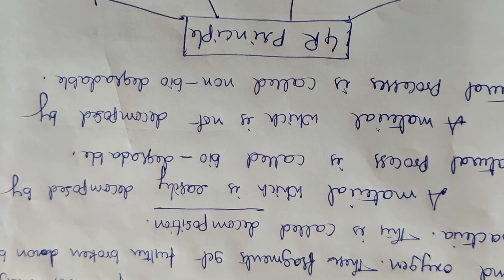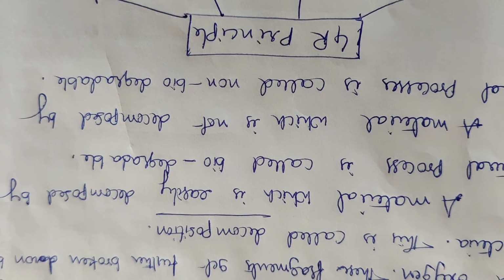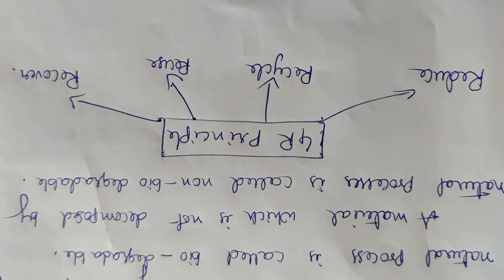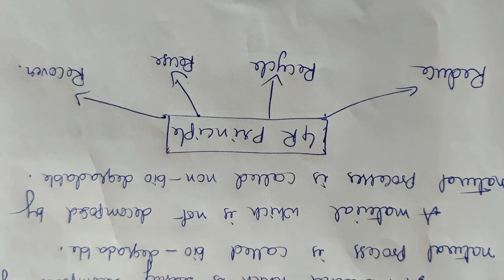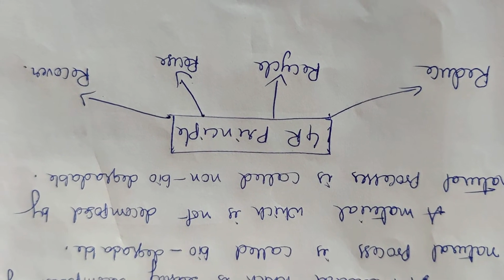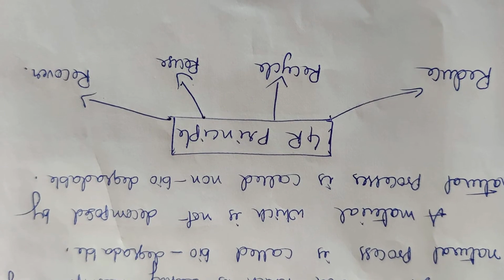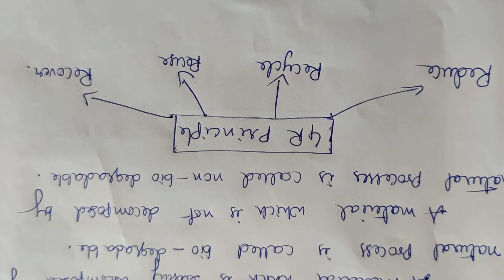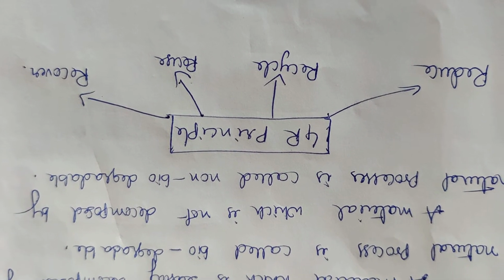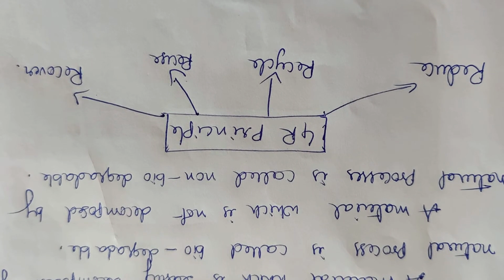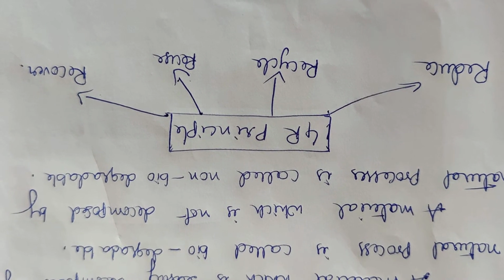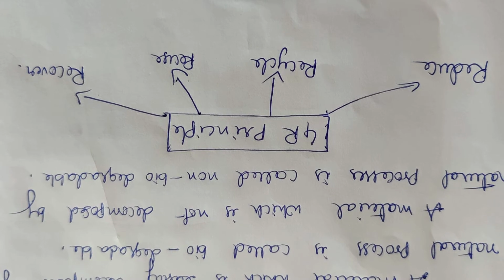we have to follow the 4R principle. What is this 4R principle? We have to use the minimum requirement of plastic and save our earth from plastic. For that, we have to follow this 4R principle. What are they?